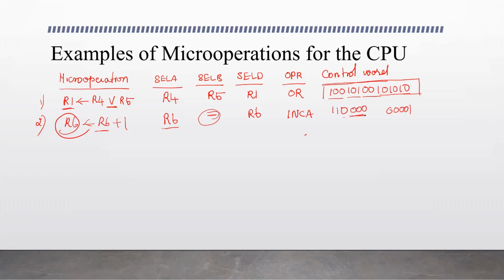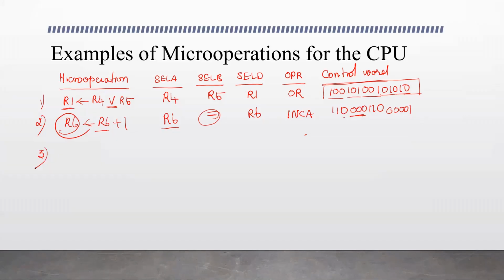This means the 0th input to the multiplexer is the direct input, meaning there is no input coming from an external source, so it will not select it. Here in the control word we write zeros. And SELD has to select R6 as the destination, so it is again 1, 1, 0. Okay, so this is a control word that controls the operation of incrementing the content of register R6.